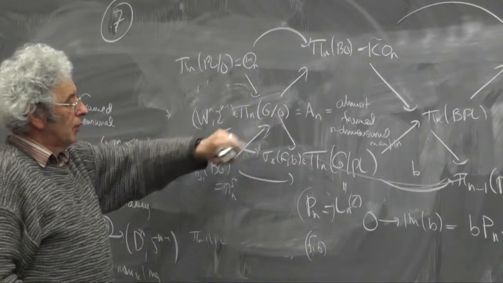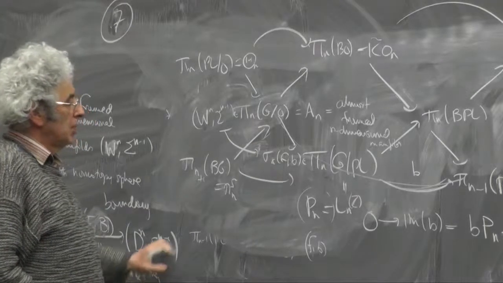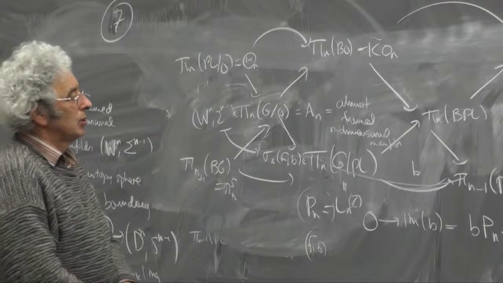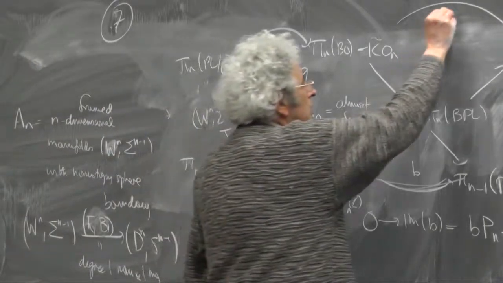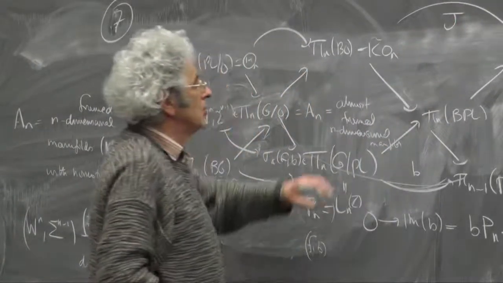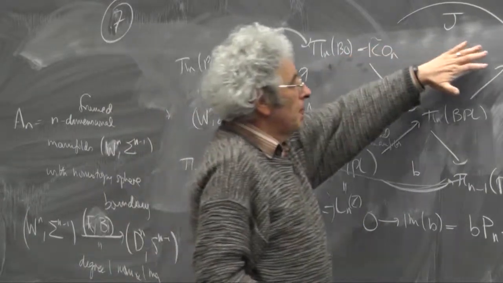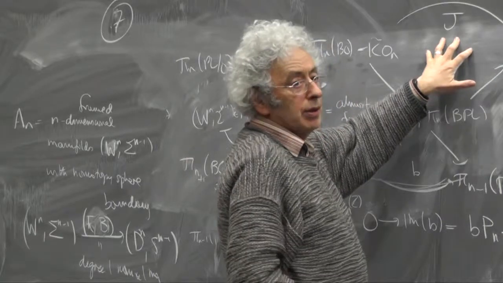One knew, basically from the work of Bott, that this map is the J homomorphism. So Bott computed these groups. Adams computed the image of J.